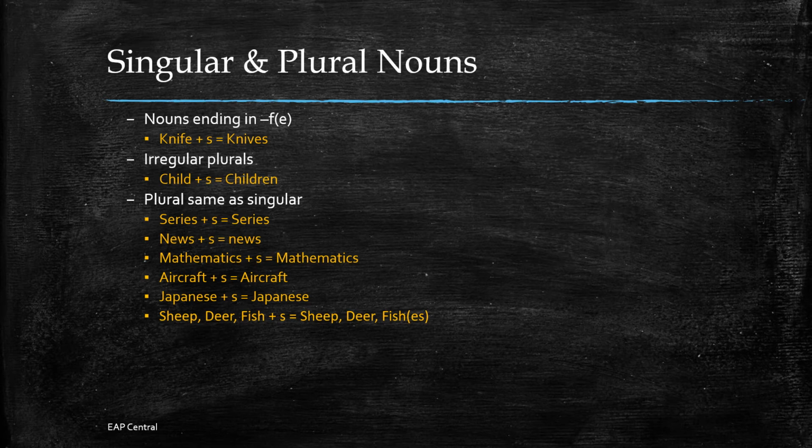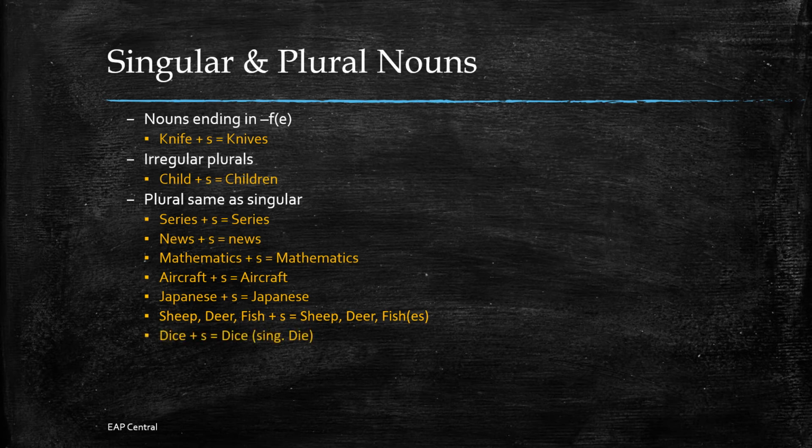Deer, singular, and deer, plural. However, fish has a rare plural, fishes, but the normal plural is fish. So except for the word fish that can be written fishes, which is very uncommon, for other nouns like this, both singular form and plural form are the same.